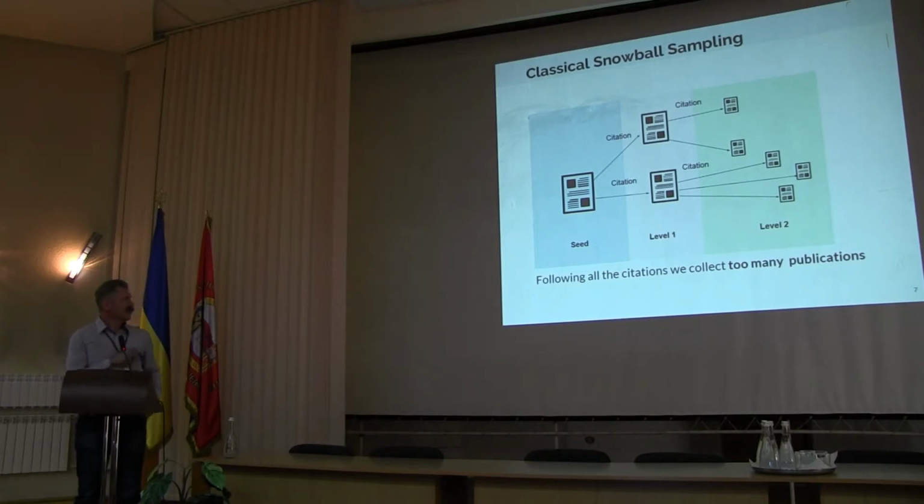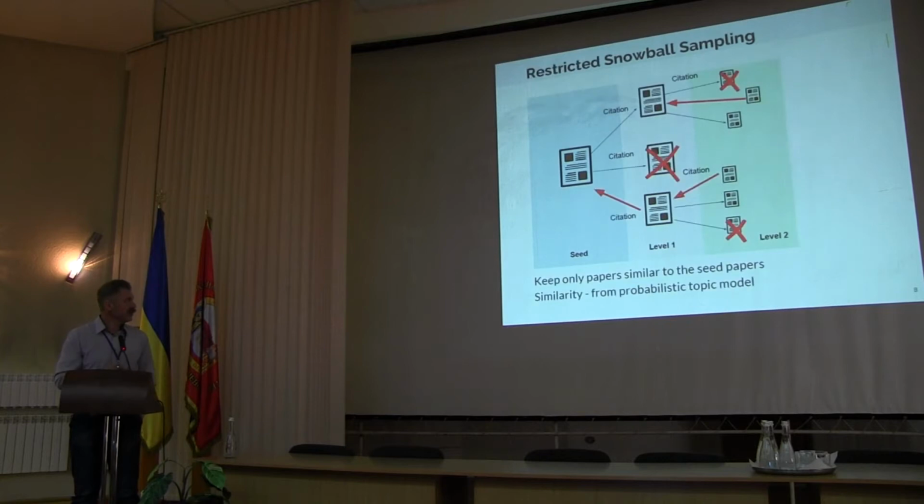And for each paper we found, we follow the references to the next level, and the number of publications grows very fast, exponentially. So we need to keep our sample much smaller to manage it.